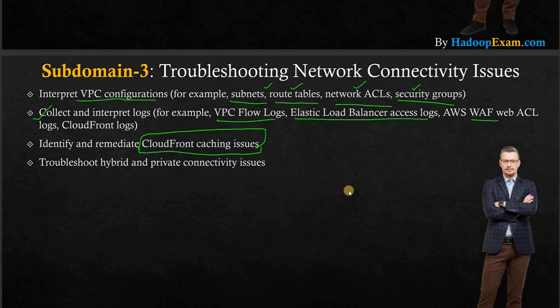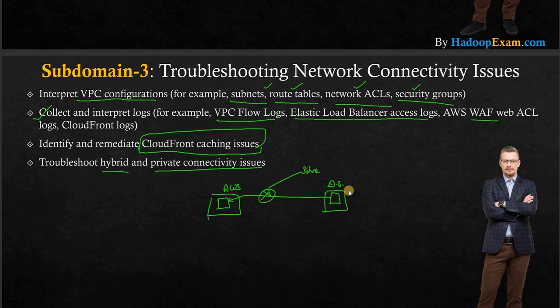Troubleshoot hybrid and private connectivity issues. So suppose you are trying to make a connection between an AWS availability zone VPC, which you have created, and your own data center network, and there could be a possibility of a network issue. So you should be able to solve this.